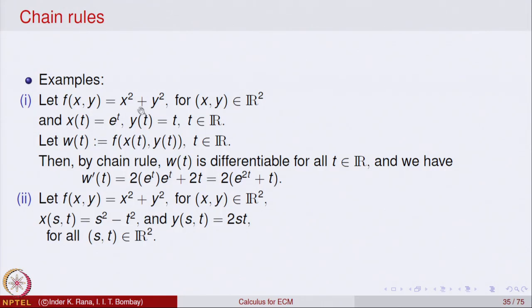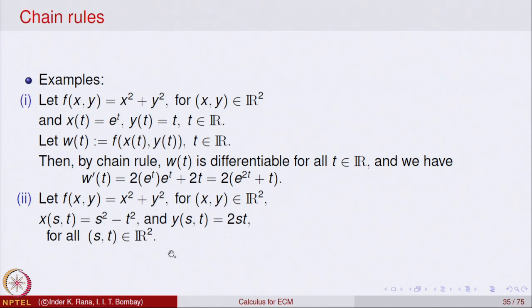So, it is the same function of two variables, x square plus y square, but now x is a function of two variables t and s, s square minus t square, and y also is a function of two variables s and t. If you like, you can put these values in x square plus y square and you will get f as a composite function of two variables, but the formula will look quite complicated.